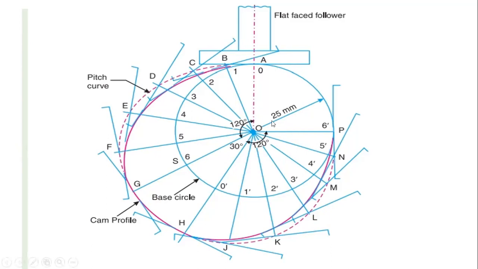And the remaining 90 degrees is the dwell period again. So we have to draw the thick line on the cam circle, which represents the dwell period.